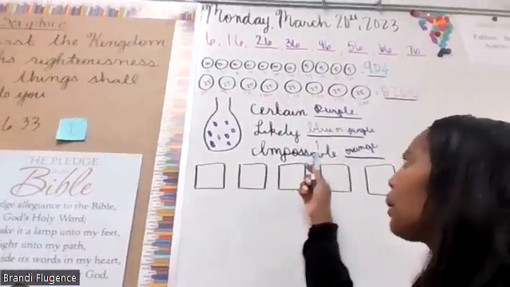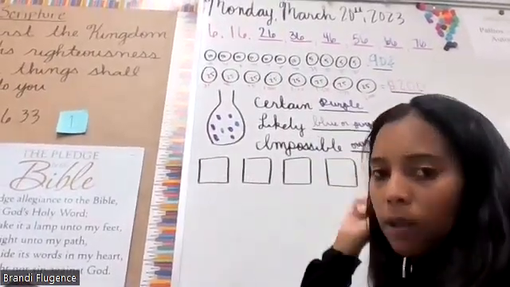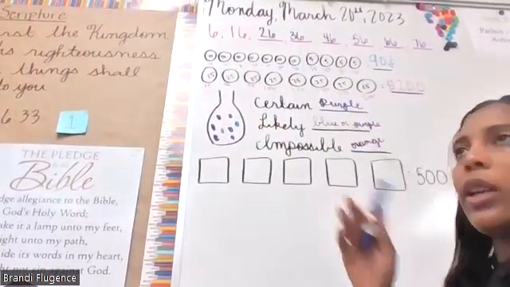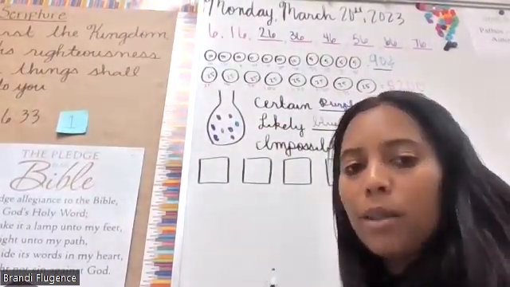I'm likely to get a blue or purple because I have those colors in there. It is impossible. It can't happen for me to pull an orange because there's no orange in there.